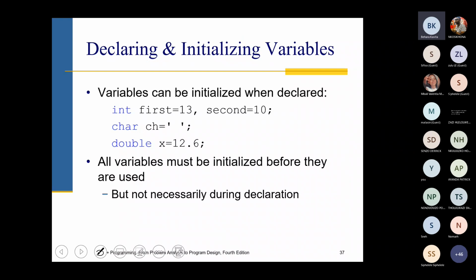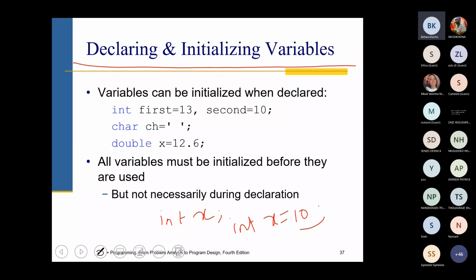What is the difference between declaring and, the second point, declaring and initializing? When you declare, you just write int x. This is called the declaration. But when you say int x equals to 10, then you are declaring and initializing the variable. Am I clear? In the exam, I might give you a case scenario and say declare a variable.